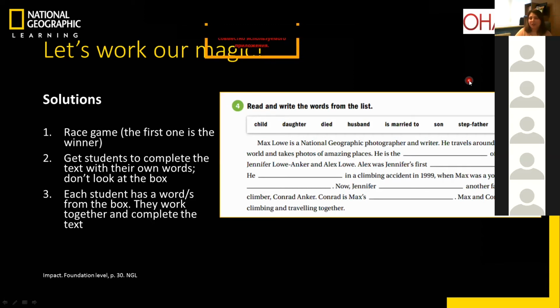Judging from the choice of the words in the box, probably the target language is connected to families, family members, and so on.